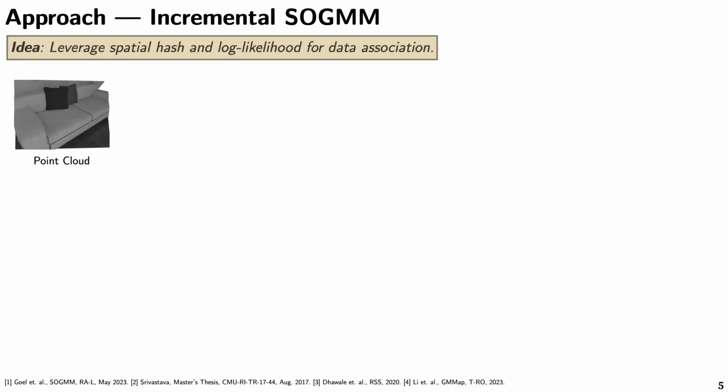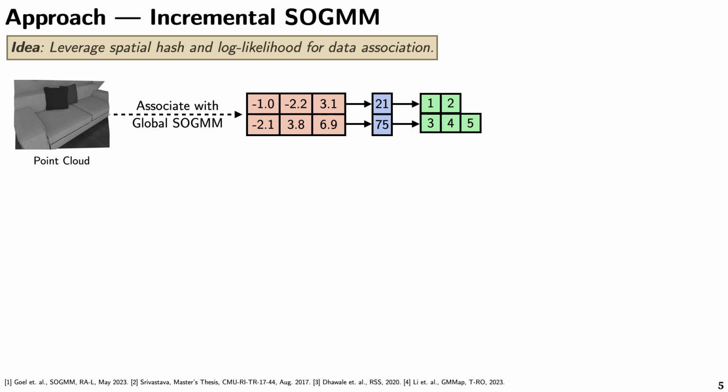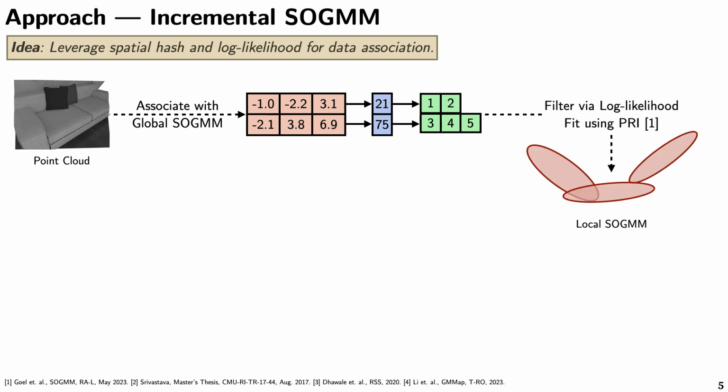Let's say there is a new point cloud coming in. First, we associate each point of this point cloud towards the indices of global SOGMM. Using these indices, we filter the point cloud via a log likelihood threshold and fit using PRI the points which are truly novel to the global SOGMM.